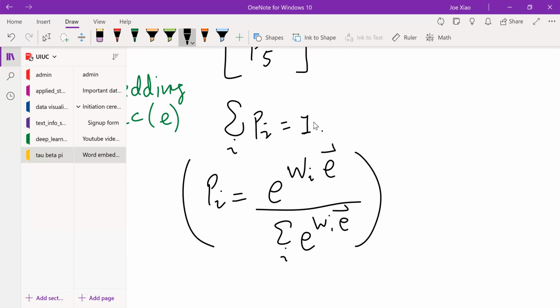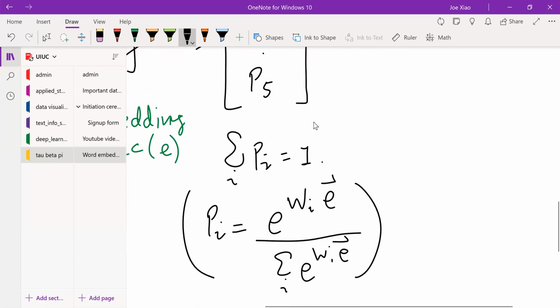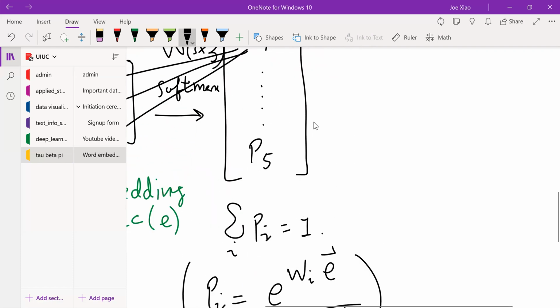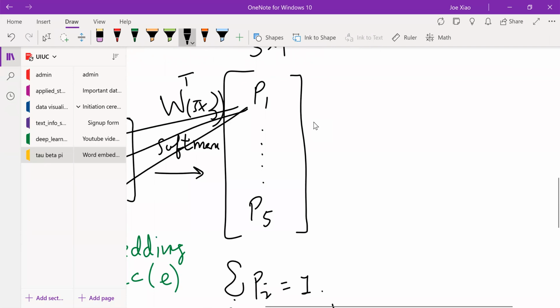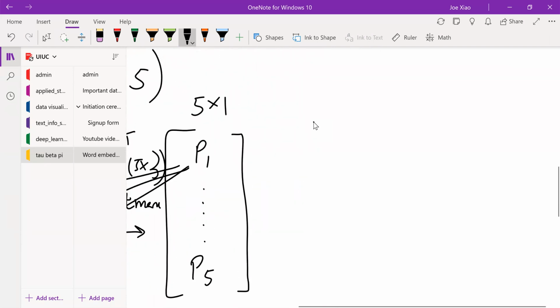So the detail is not so important here. It's really that we want to turn it into a vector of probabilities. And this is essentially the output.